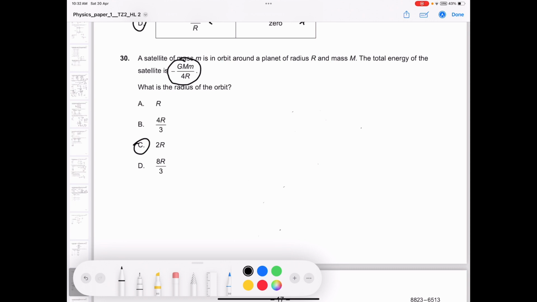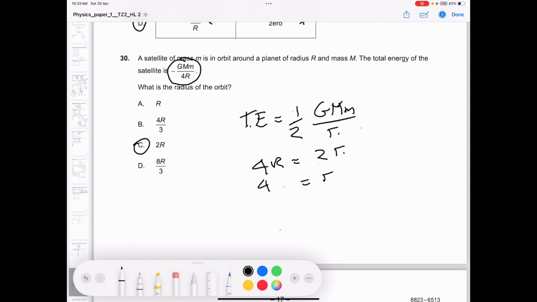So we need to know then that the total energy formula normally is equal to minus a half GMm all over r. So if we compare it to the formula given, we can see very easily that 4R is equal to 2r. Therefore, little r here is equal to 4 times big R all over 2. So little r must be equal to 2R. So the answer is C.